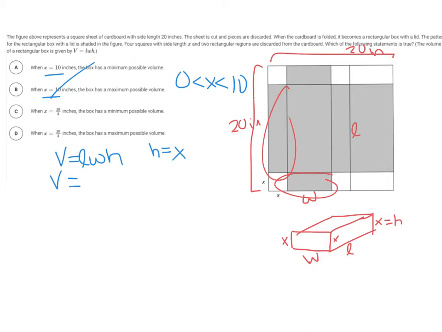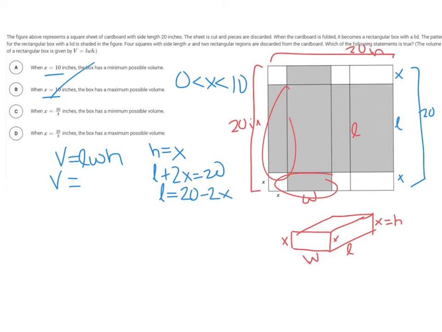The second thing that you might be able to notice is that this side is L, this is X, this is X. Actually, if you add up these three things, that gives you 20. So you might realize that L plus 2X is equal to 20, which gives you that your length is equal to 20 minus 2X. So if you could figure that out, you're off to a pretty good start.